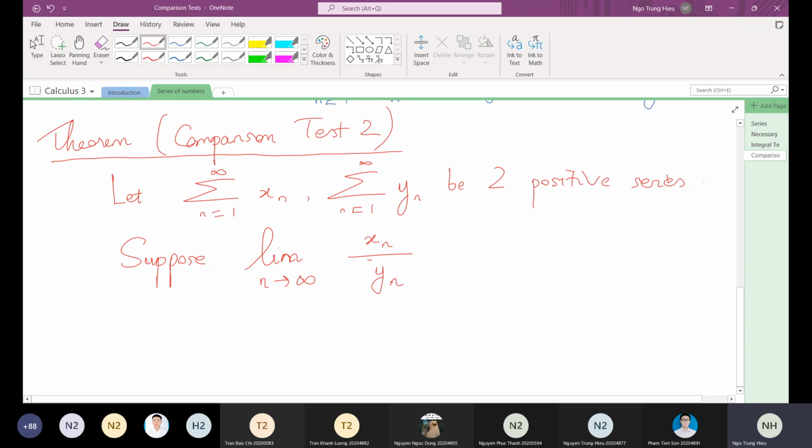Suppose this limit is a positive number. Then we conclude that the two series have the same convergence behavior. If one series converges, then the other series converges. If one series diverges, then the other series diverges.